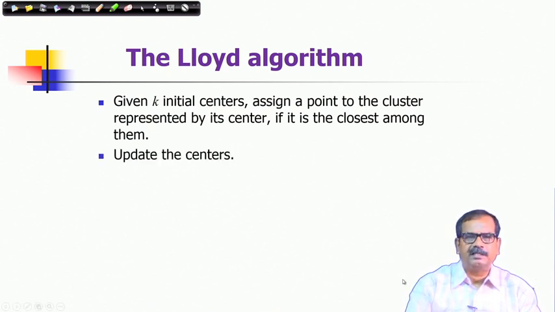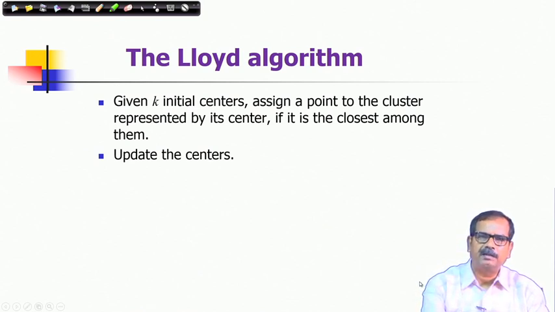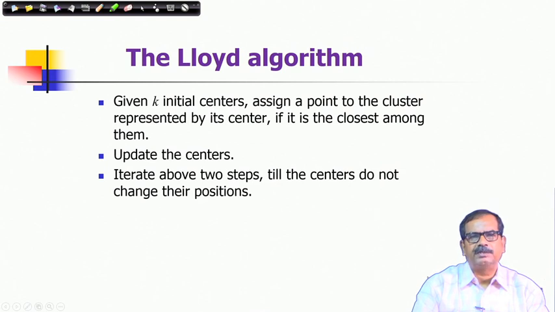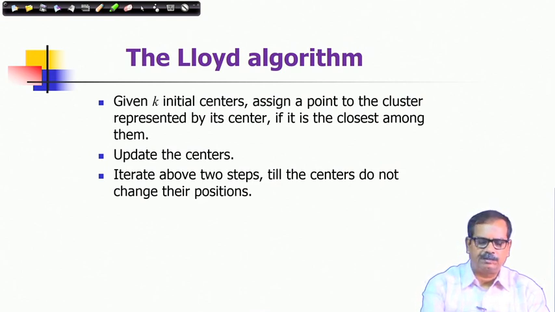Then we update the centers once again, because once you get the partition and compute the center, it would definitely be different from what you had earlier. You iterate these two steps till the centers do not change their positions. A very simple approach, but very effective.